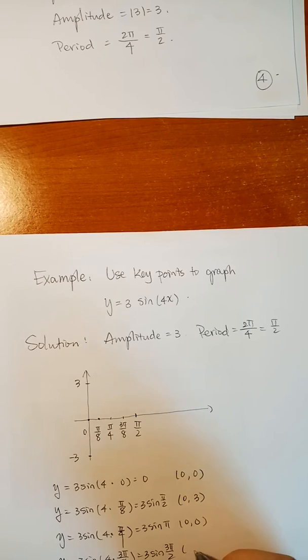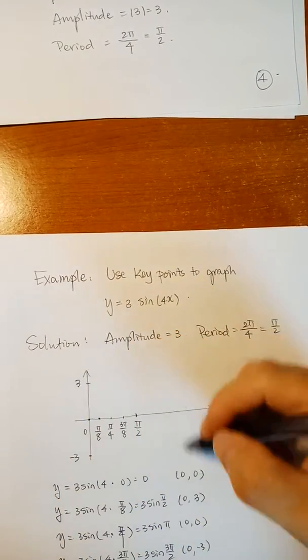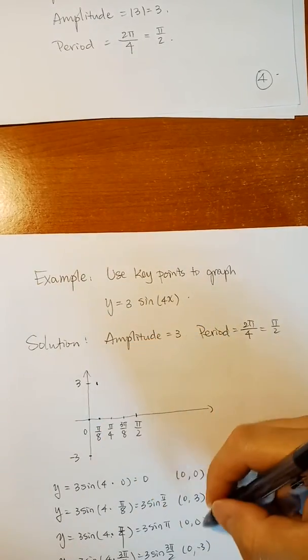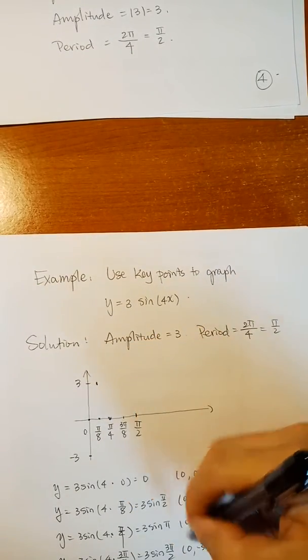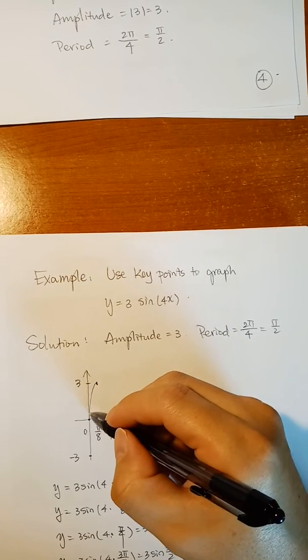Sine 3 pi over 2 is negative 1. And 4 times pi over 2 is 2 pi, sine 2 pi is 0. So you get 0 here, 3 here, 0 here, negative 3 here, and 0 here. So you just smoothly connect them.